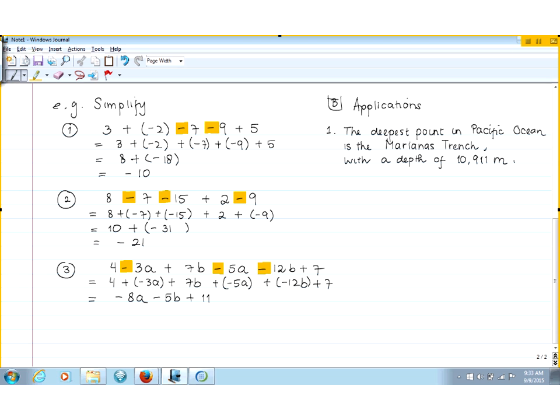Ooh, that's really deep. Right? So the deepest point in Atlantic Ocean. So Pacific is near us, right? California, west. And Atlantic is where? New York, Florida, those oceans. Yeah, on the east. Is the Puerto Rico Trench.